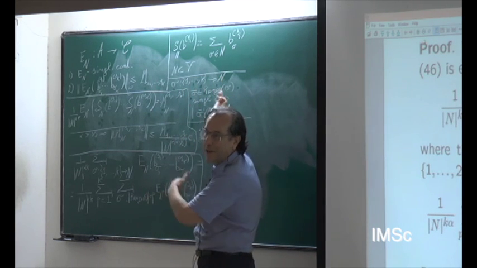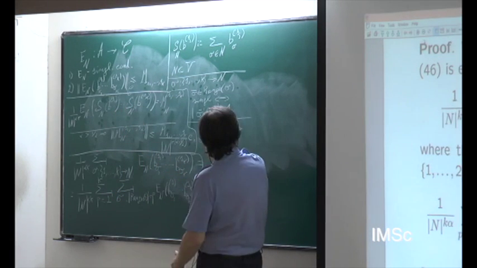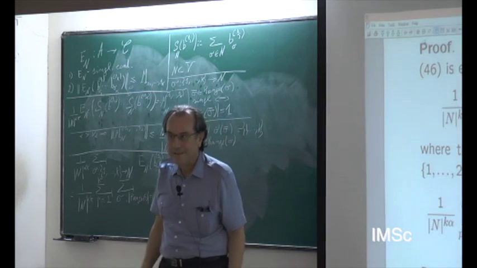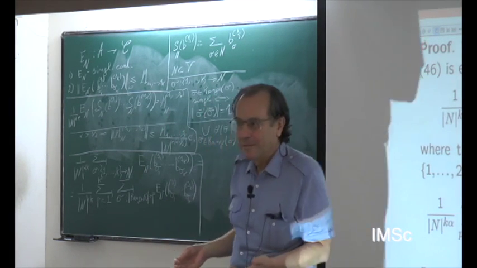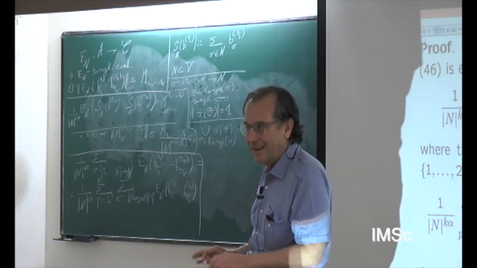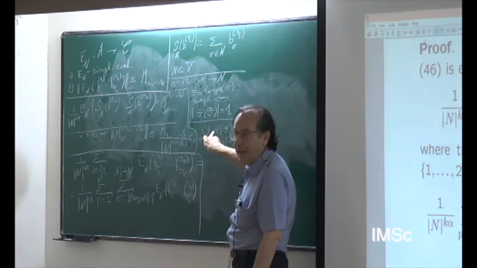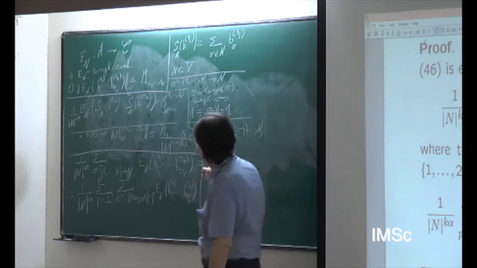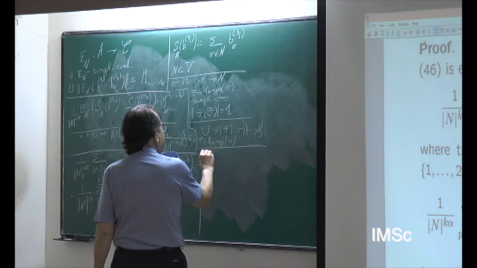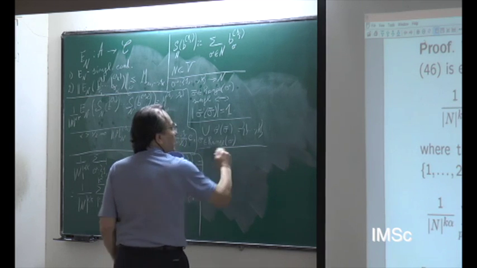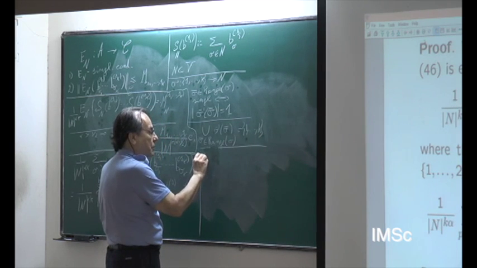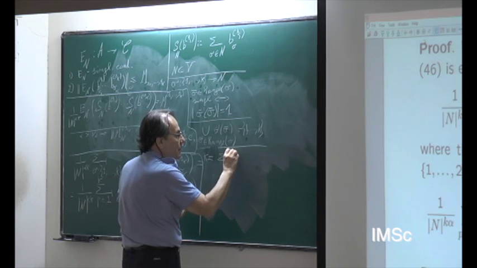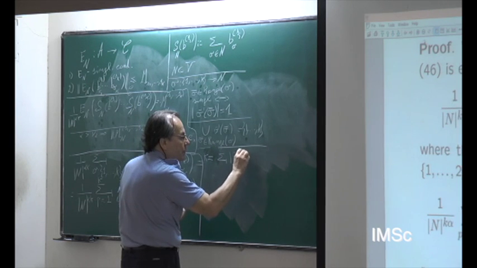I take the range, I take the inverse image of every element, so this is exactly 1 to k, just by definition of function. It's clear? So, since this is a partition, because a function cannot have two values, only one value, then we have the very elementary result that the cardinality of this set, which is k, is equal to the sum of the cardinalities of each term of the partition.